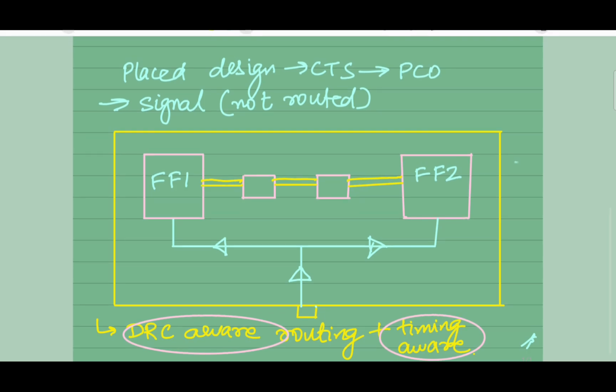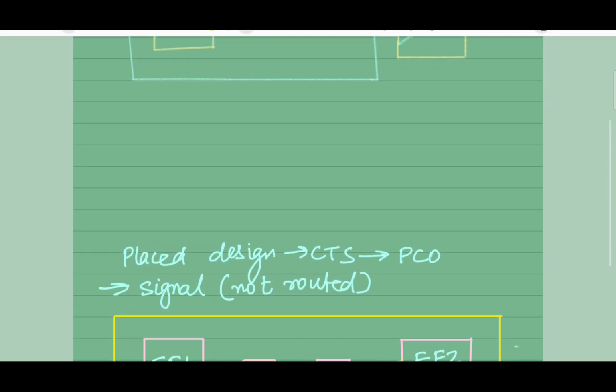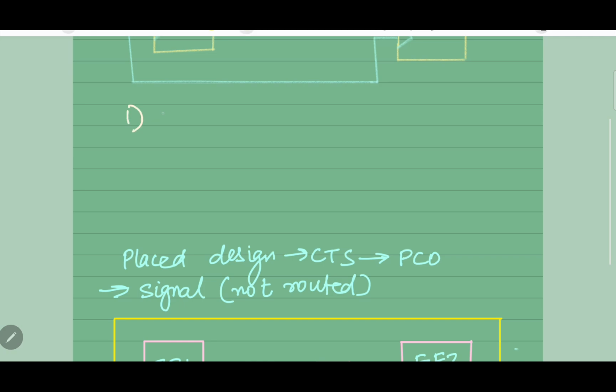In previous videos, we have already covered that routing is done in two phases. First is global routing and second is detailed routing. These two things we have already covered in previous videos. Lectures 66 and 67 are for the same purposes, where the introduction to routing is given, and after that global routing and detailed routing are explained in detail.